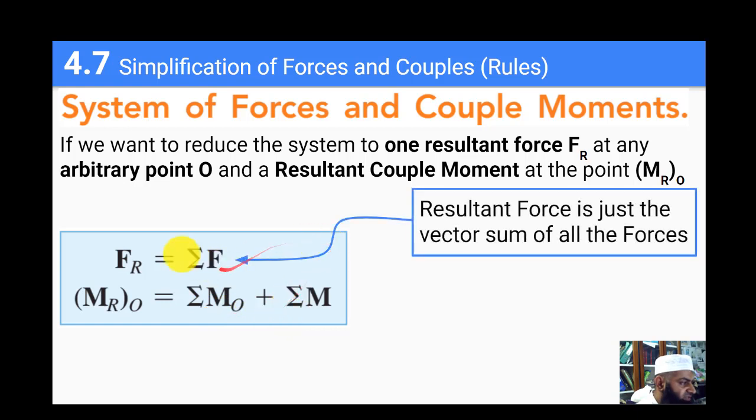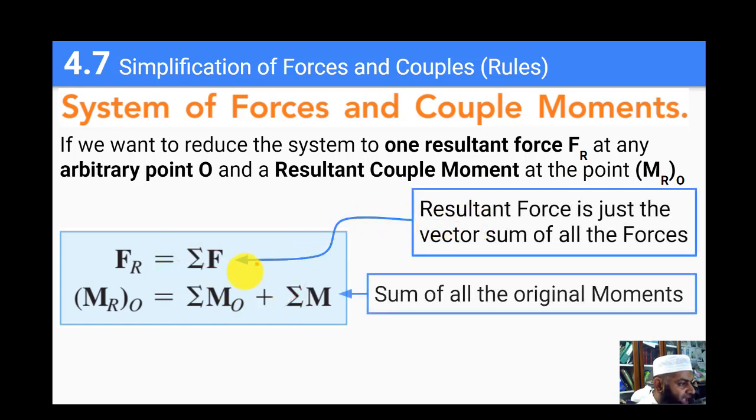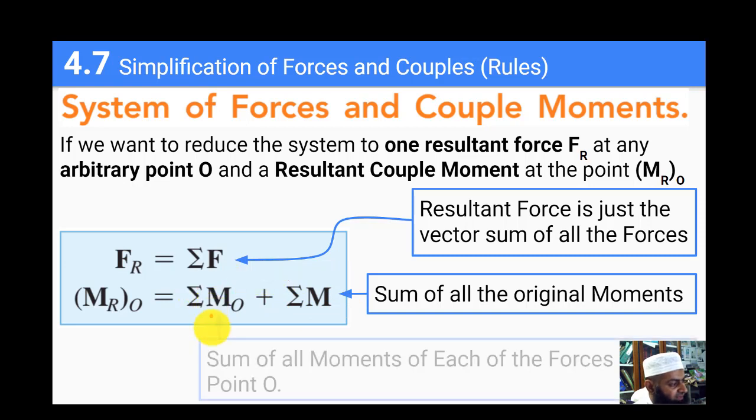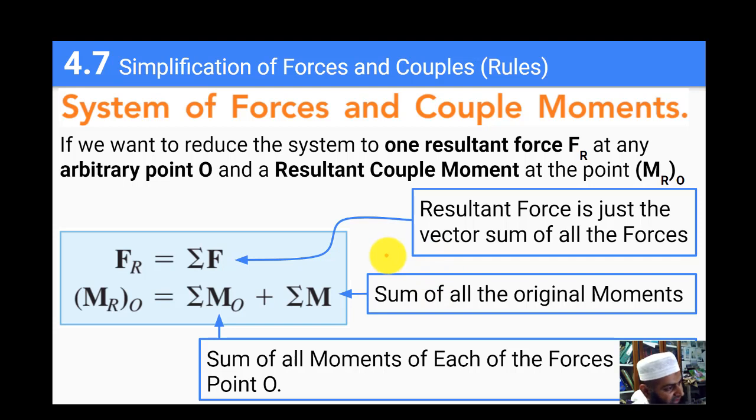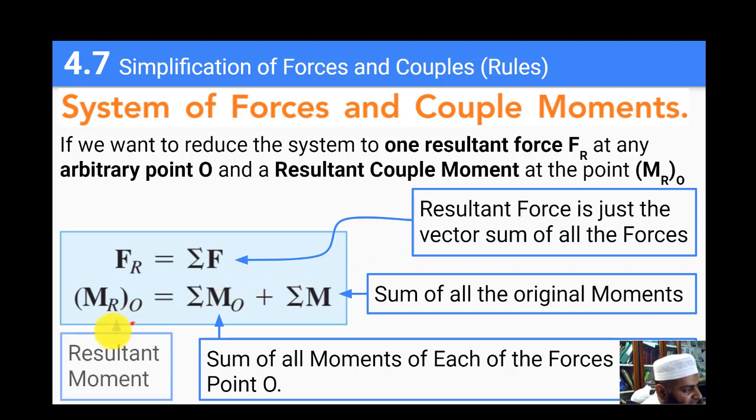This is the sum of all the original moments, because we could have a situation where we have some moments already acting on our system. And this second term is the sum of all the moments of each of the forces at point O. Because now we are moving those forces, as we saw in the previous slide, whenever we move a force around, we get an extra moment, and these are all the terms from those moments, and so this again is the resultant couple moment. Okay.